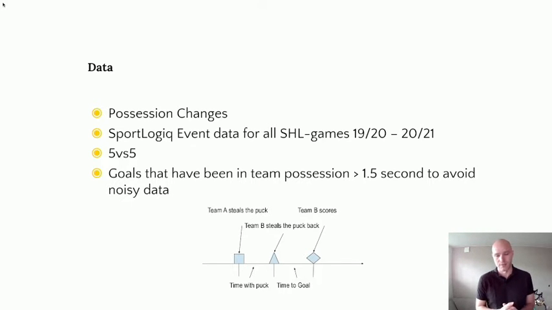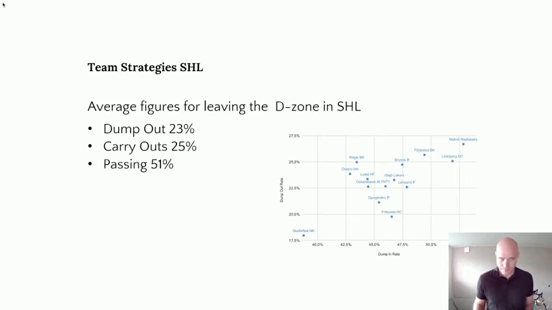We have rebounds, and a rebound can be marked as a dump out in the data and so forth, so I have excluded that. The 1.5 second threshold is set by me, by watching a lot of possession changes and seeing that beneath that it's more of a reaction and noisy data than a decision by the player. So we filter that out.